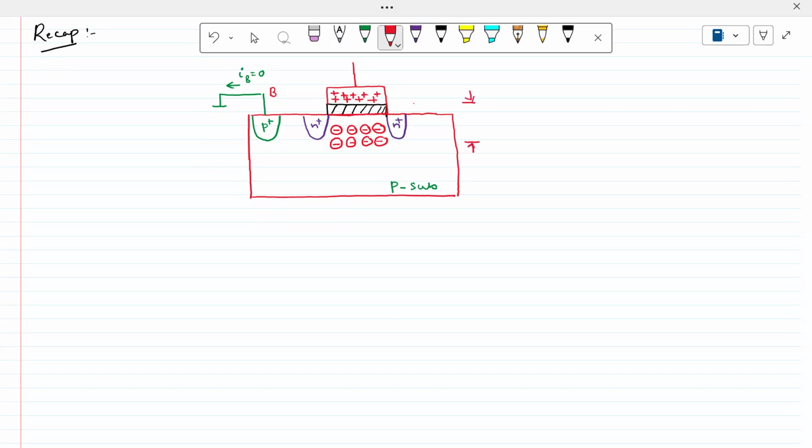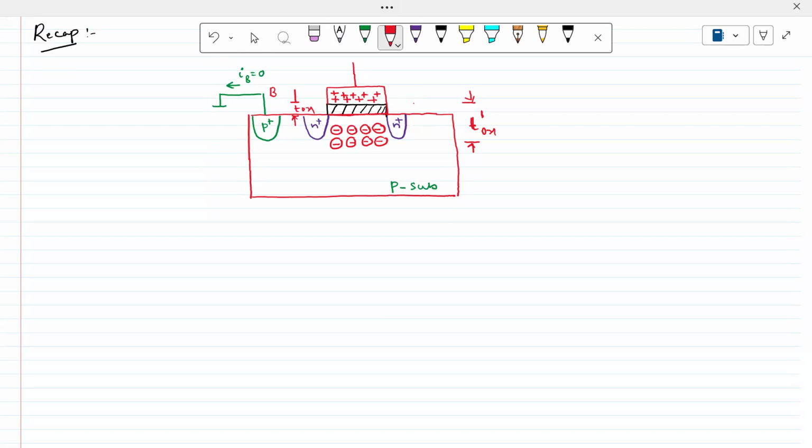Altogether, this is the thickness of the oxide. Initially the thickness of the oxide is this much only, Tox. But now the Tox will be Tox dash, something like this. It is increased.